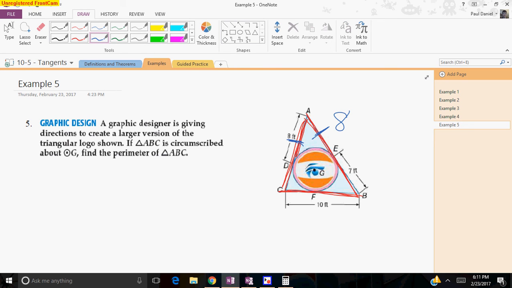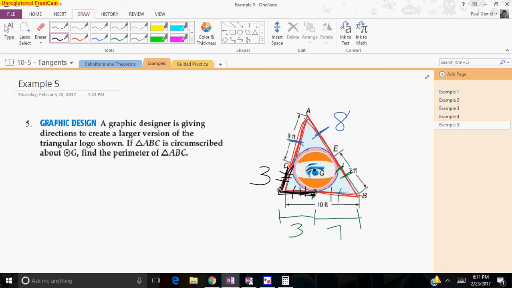It also tells me that B to E has got to be congruent to B to F. So that side right there from here to here would be 7, which means that what's left from F to C would be 3. And that's going to be important to me because also these next two things are tangent, coming in from the same exterior point. So that means that these lines are also congruent, so this last part over here is also 3.